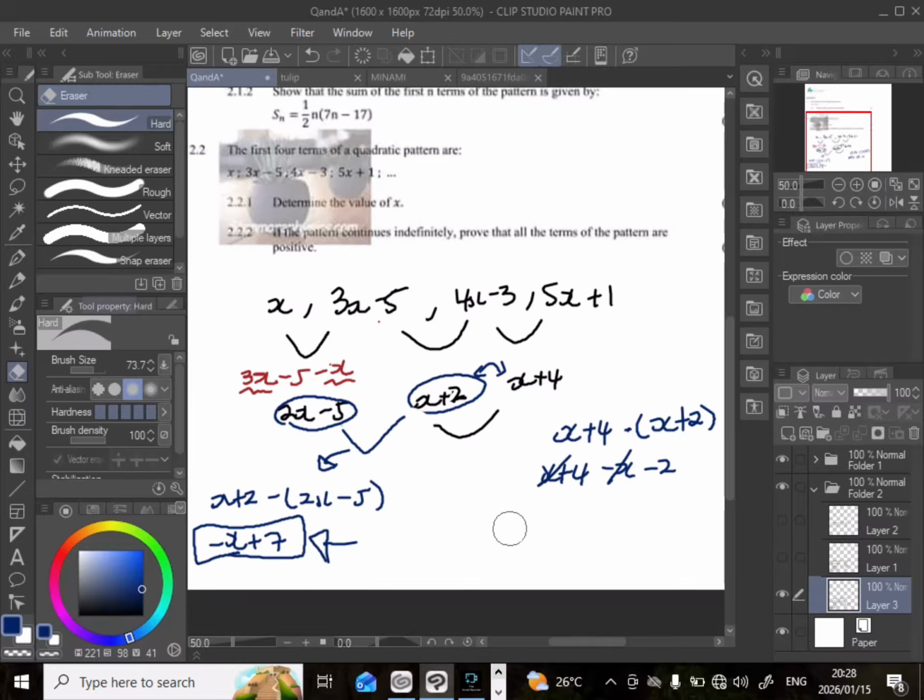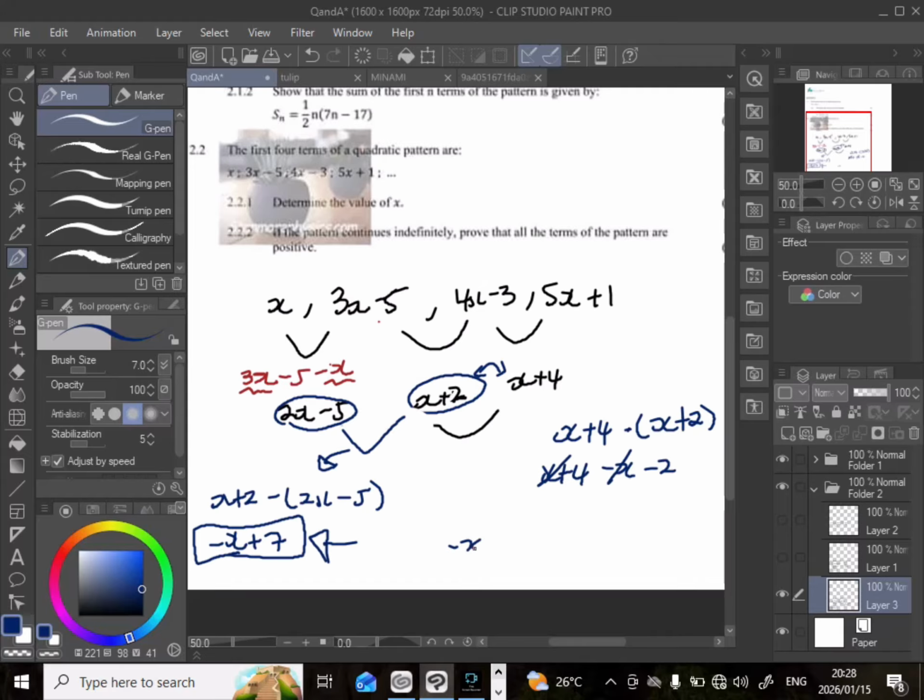So now we have this and that. In every quadratic pattern the second difference is always the same number. So this number here and this number here are just equal. Hence we are saying negative x plus 7 equals 2.